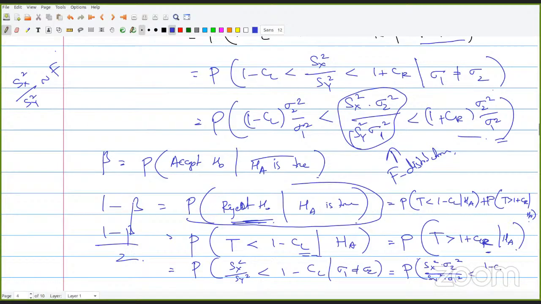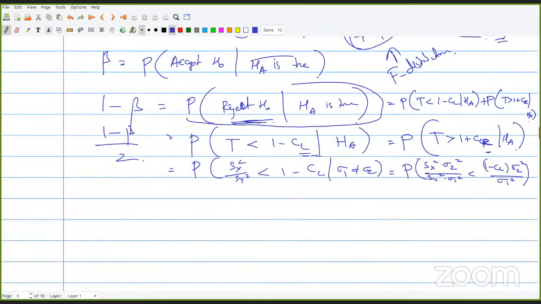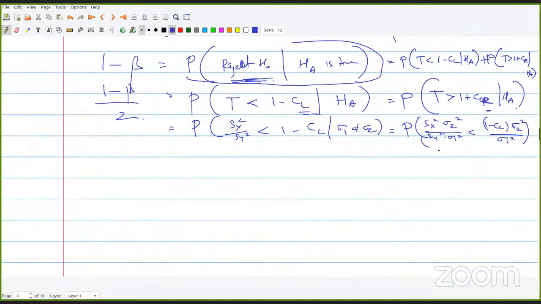Now this follows an F distribution, and this probability will be equal to F with n1 minus 1, n2 minus 1 of 1 minus CL times sigma 2 square by sigma 1 square.